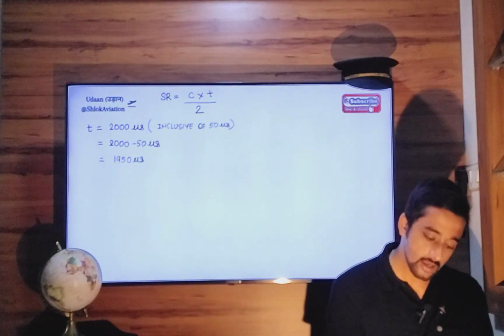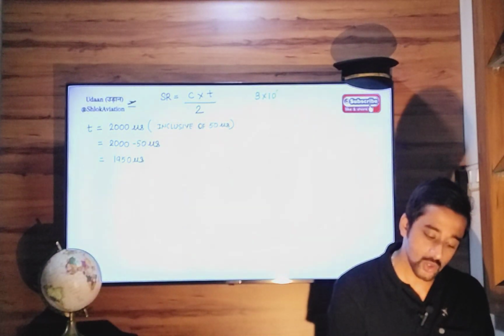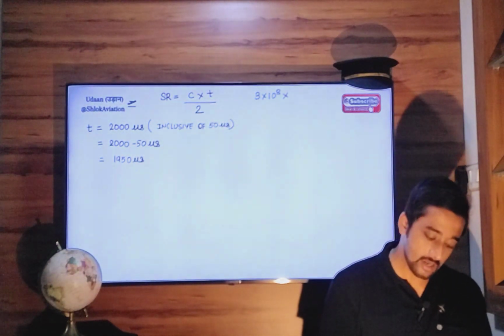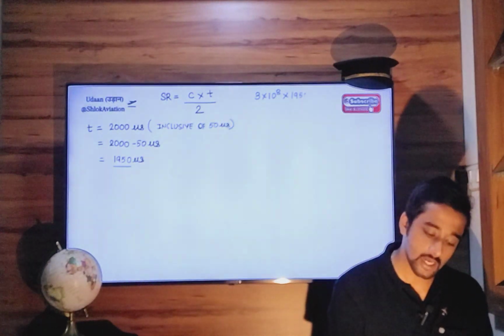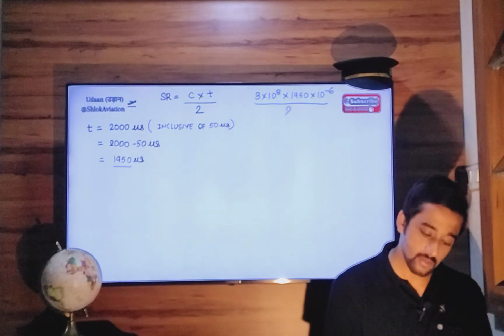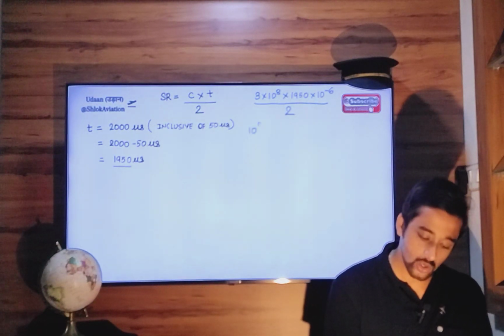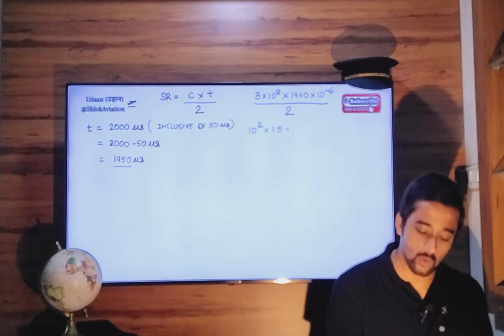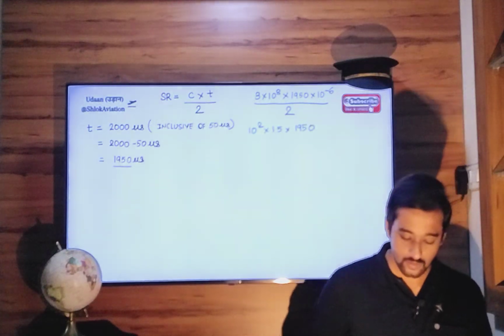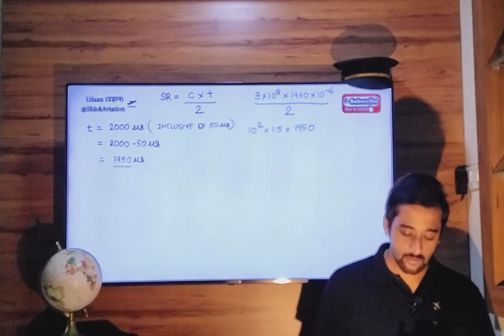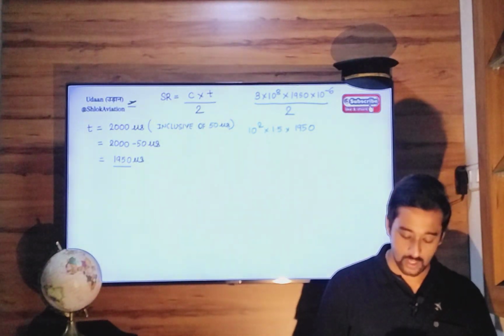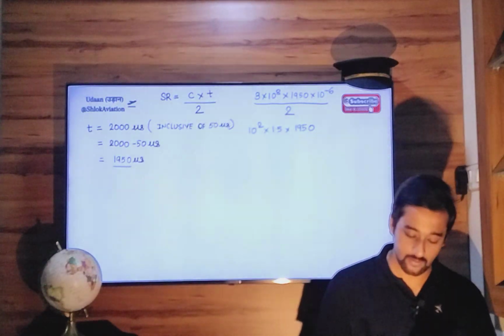So range will be speed of light, 3 into 10 raised to 8 meter per second, times 1950 microseconds multiplied by 10 raised to minus 6 seconds, divided by 2. So 10 raised to 2 into 1.5 into 1950. So 1950 into 1.5 is 2925.